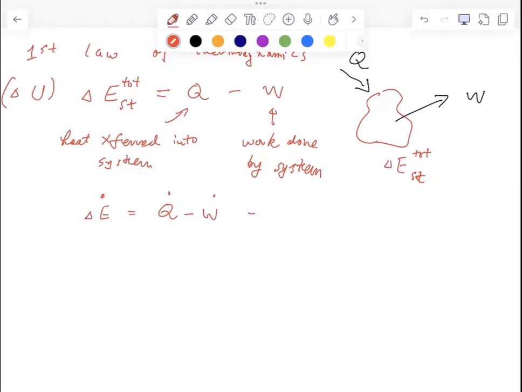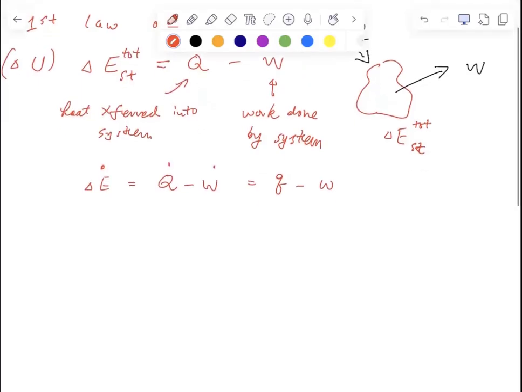Here we can use the rate of heat transfer and the rate of the work that has been done. The lowercase symbols are consistent with what we went through last time.